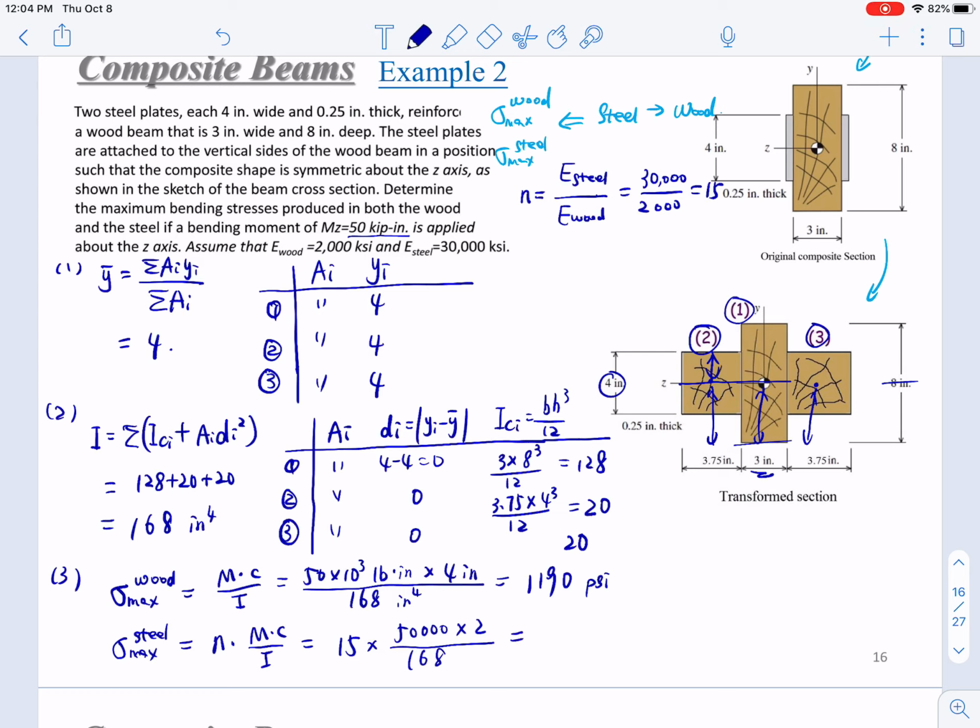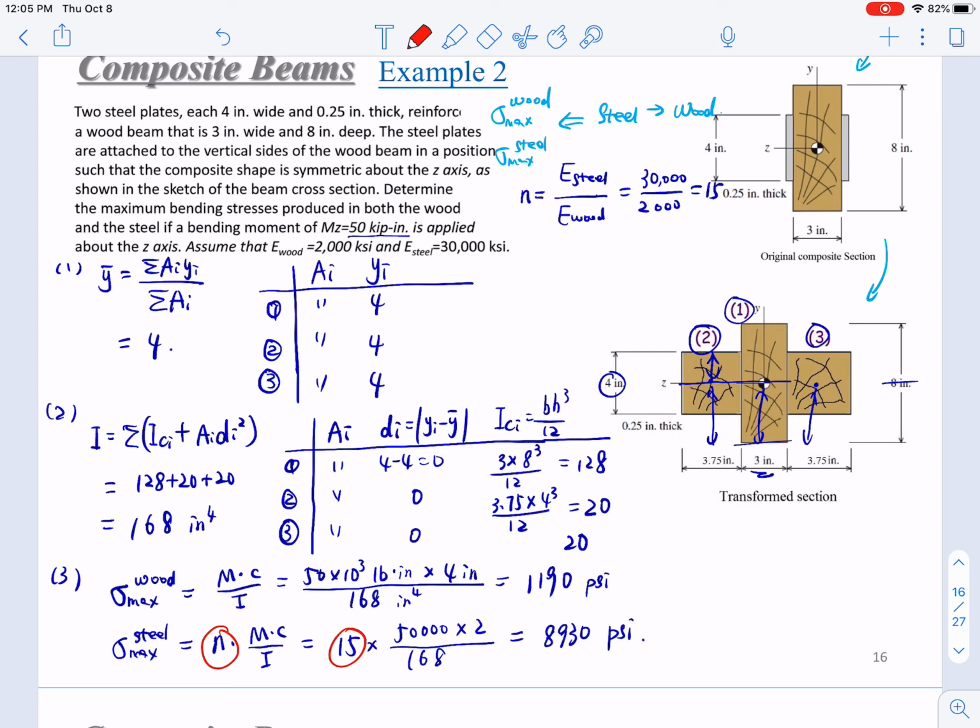So it will be 8930 psi. It's critical to remember this n, since we need to convert it back from wood into steel. The real cross-sectional area is much smaller by a factor of 15, so we need to multiply by 15 to get a larger stress.